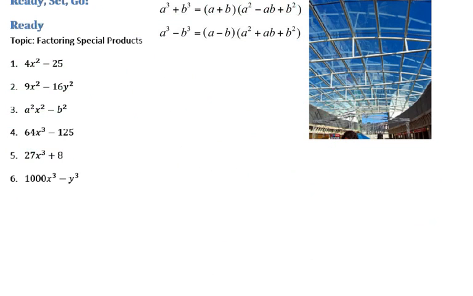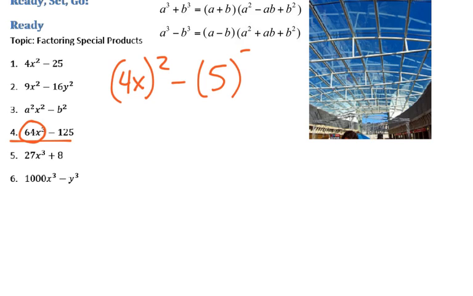Okay, so now let's take a look at 4. 64 is actually 4 cubed, so it would be 4x cubed minus 125, which is 5 cubed. I should probably put cubed, not squared. So this one, now we've got the difference of cubes. So I put the 4 in for all these a's, I put the 5 in for all the b's.